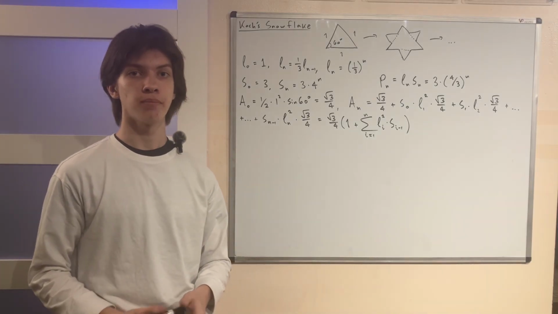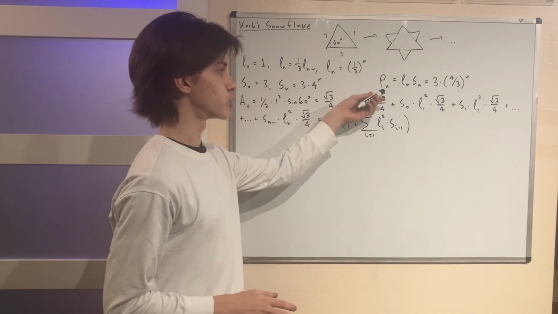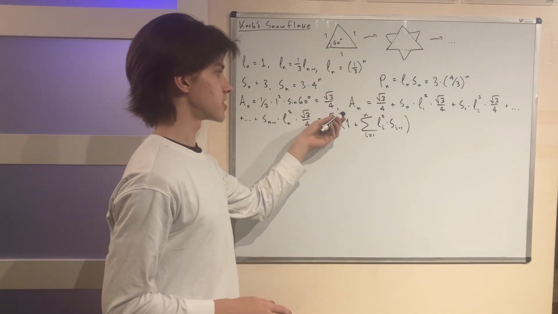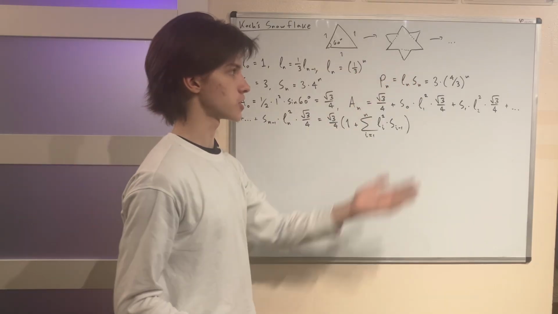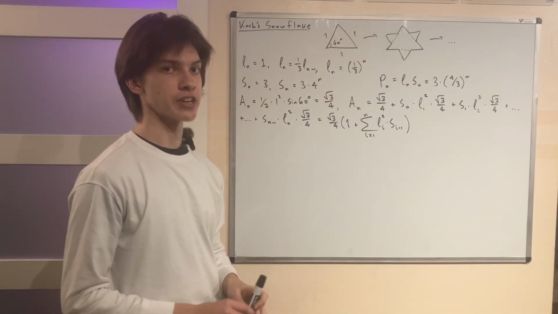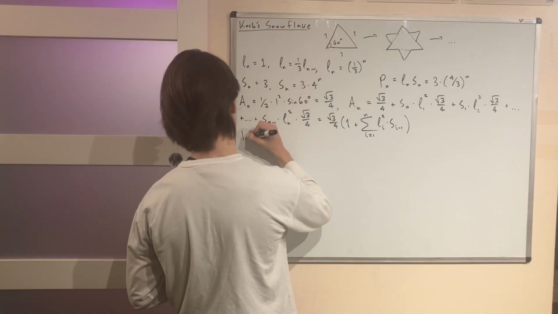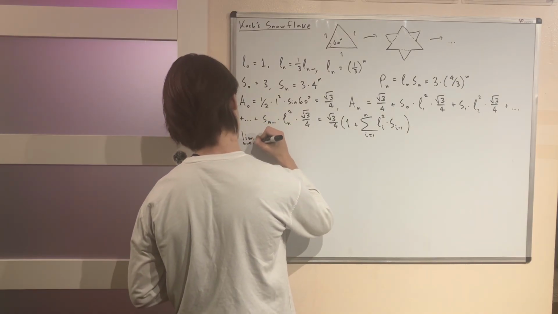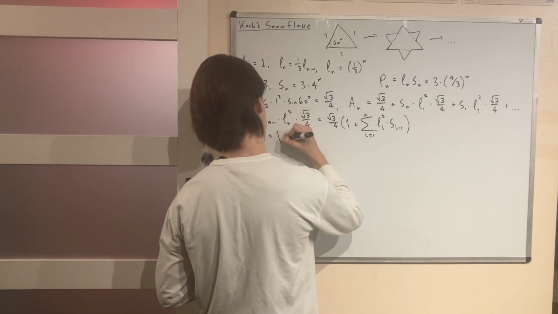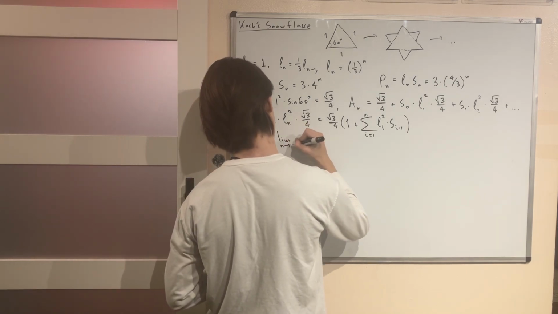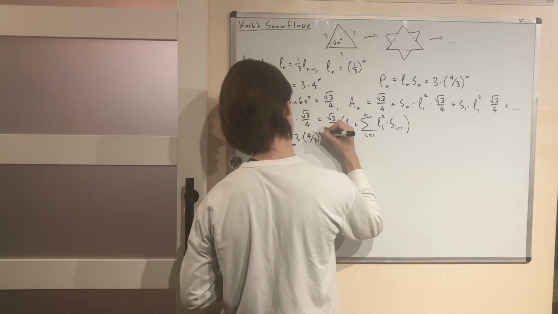Now we can answer the main question of today's video. What is the limit as n approaches infinity of P of n, and that same limit for A of n? So where does the perimeter tend to as we repeat this process indefinitely, and where does the area tend to? It's very interesting. Look at this. The limit as n approaches infinity of P of n, using the formula for P of n, this becomes the limit to infinity of 3 times 4/3 to the n.